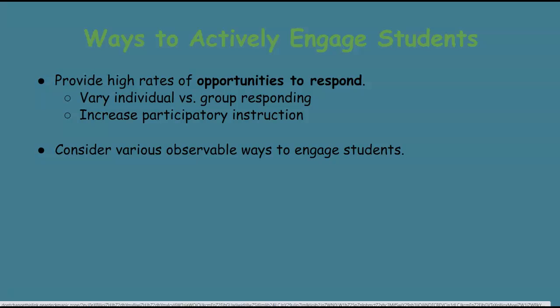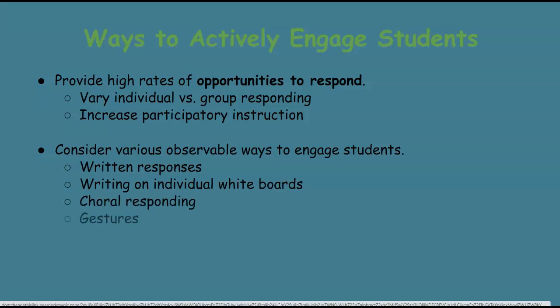Consider the various observable ways to engage students. You could do written response. These are just examples: writing on individual whiteboards, choral responding, gestural, and then think of some others. Remember, all of these can be used in virtual or in-person learning.